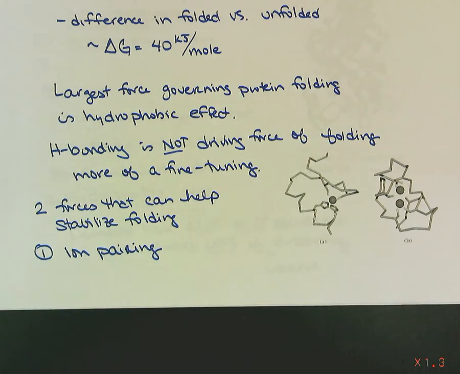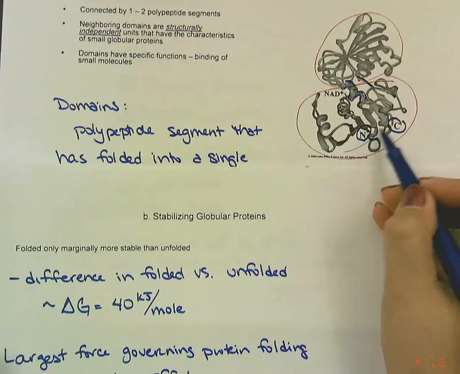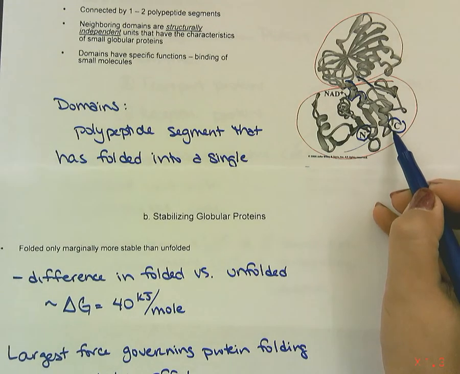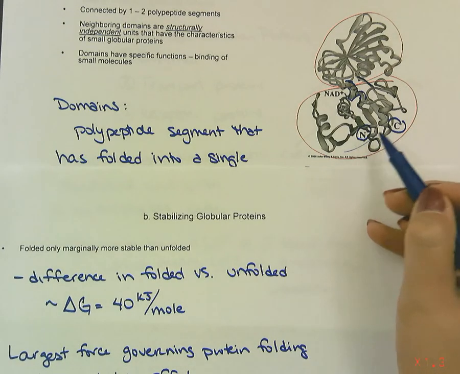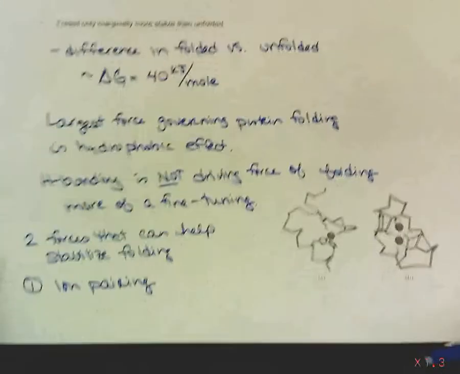First, ion pairing between your polar amino acids. Above and beyond hydrogen bonding and the hydrophobic effect, you still have ionic bonding. Your different amino acids will be charged, and they can interact with each other. Looking at that protein we just had, our N and C termini are typically going to be close to each other because one's positively charged and one's negatively charged.